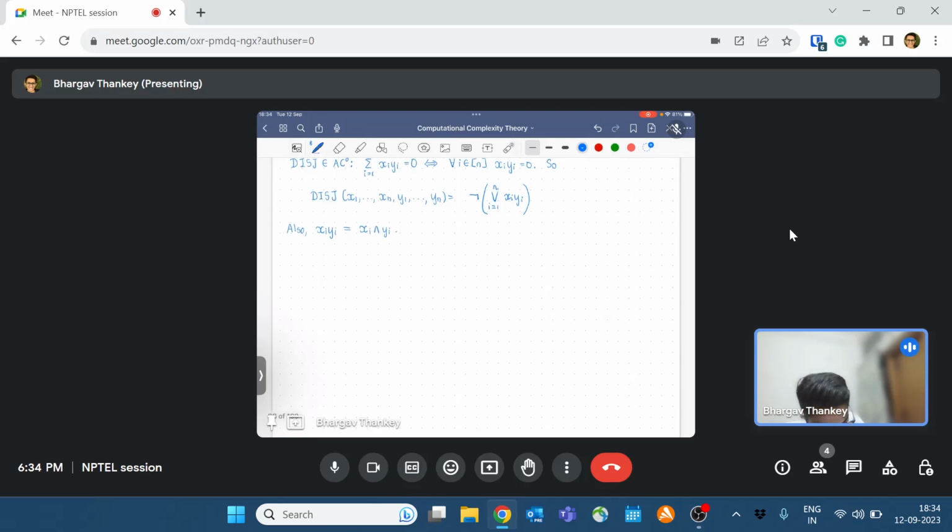So this suggests the following circuit: a NOT gate, an OR gate, AND gates on x1, y1, similarly to xn and yn.